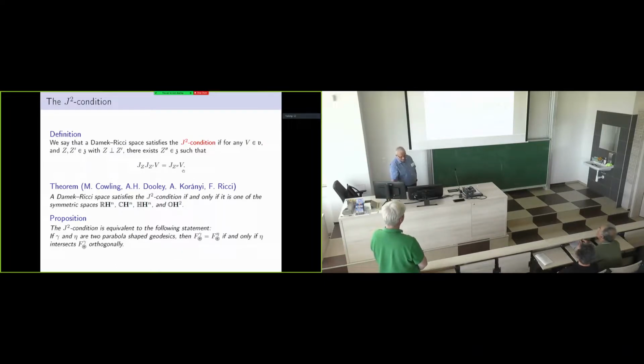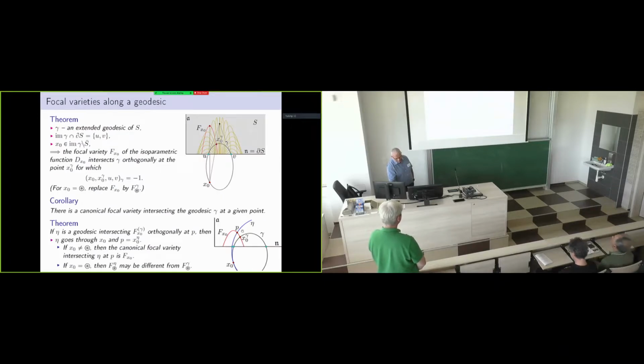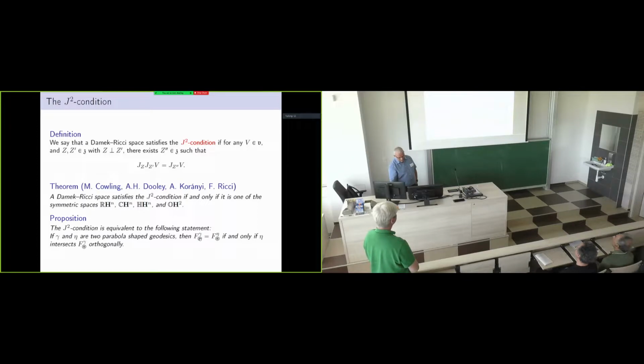It is known that a Damek-Ricci space satisfies the J-squared condition if and only if it is one of the symmetric Damek-Ricci spaces. So the picture I drew for an ordinary focal surface, that all the geodesics meeting this focal surface orthogonally go through x0, extends to the case of the point at infinity if and only if our space satisfies the J-squared condition, which is equivalent to being symmetric.